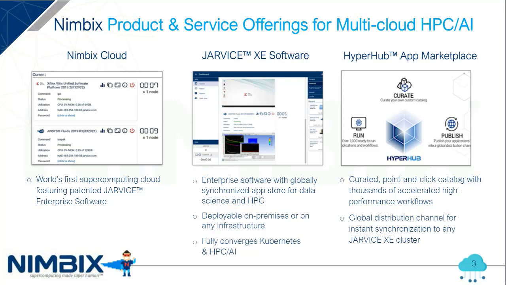It's both a management and orchestration tool to handle all HPC functions, no matter where they exist. It is a cloud-agnostic platform as well. And then we have HyperHub, which allows you to curate, run, and update all of your applications, both in-house or provided from other software partners like Keysight.